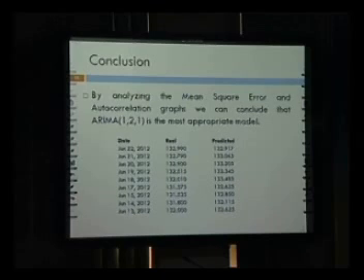This method cannot be used for predicting over a long duration, but for a short duration it gives us a very good indication. So this is the end of the presentation.